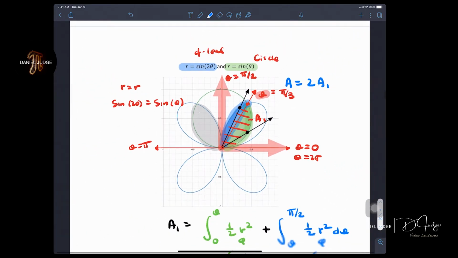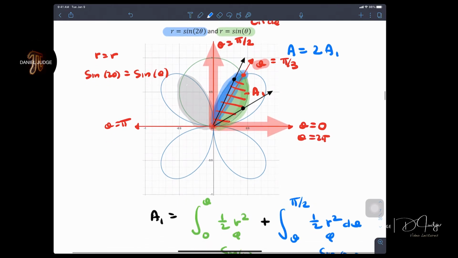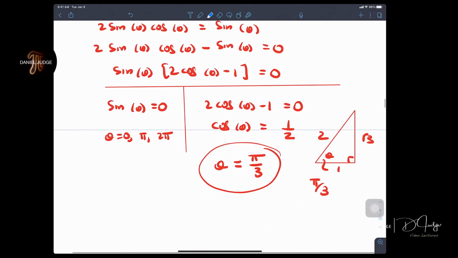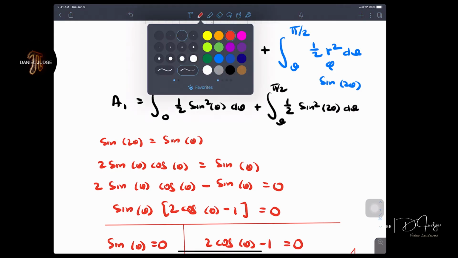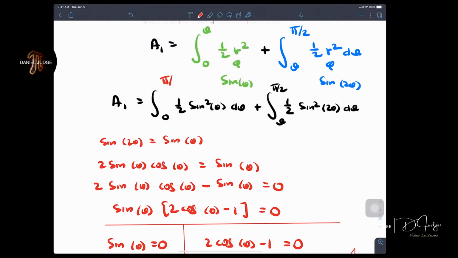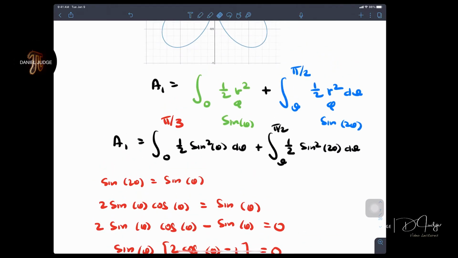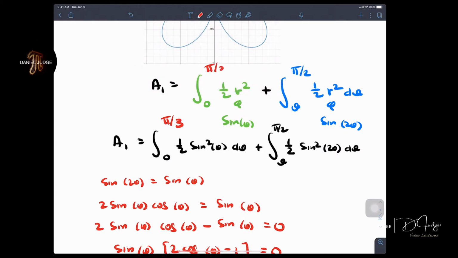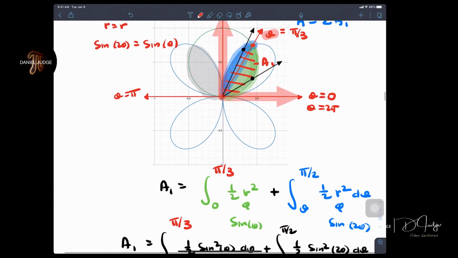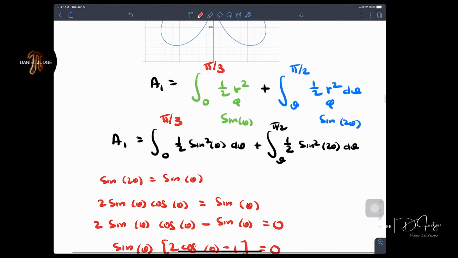So now we just have to integrate with this pi over 3 here. So we know that angle being pi over 3. So this is going to be, let's change that. 0 to pi over 3, it's the green curve, right? Right up here from 0 to pi over 3. And then from pi over 3 to pi over 2, it's the blue curve.